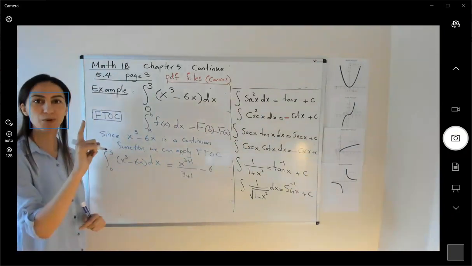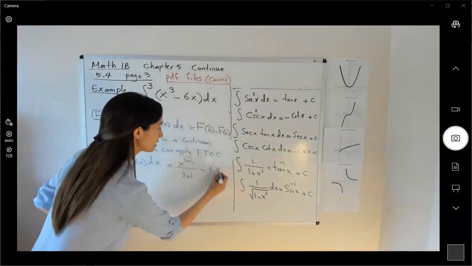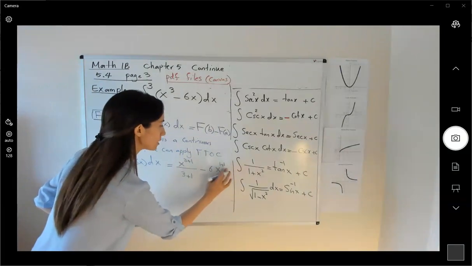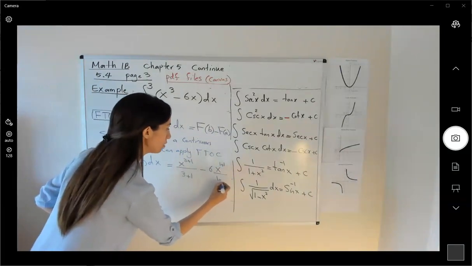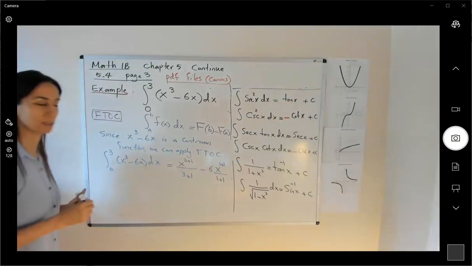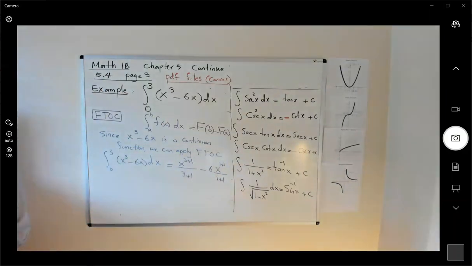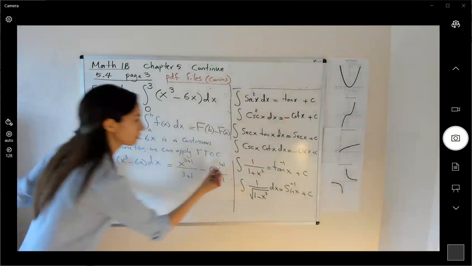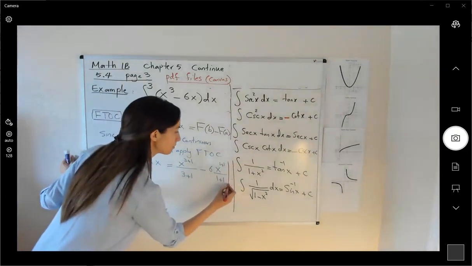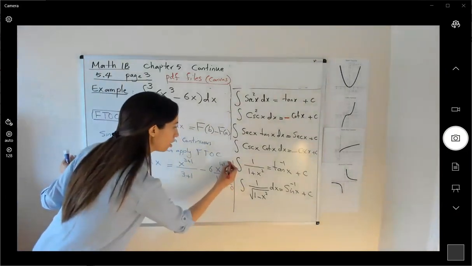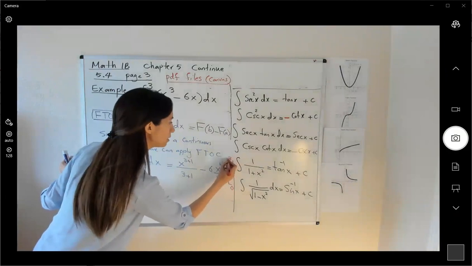X has exponent 1, so x raised to 1 plus 1 divided by 1 plus 1. Then we write the lower limit 0 and upper limit 3 here.